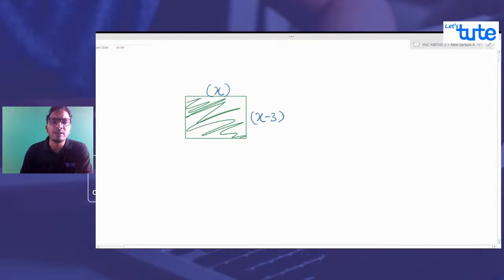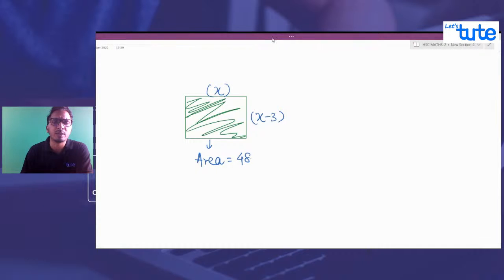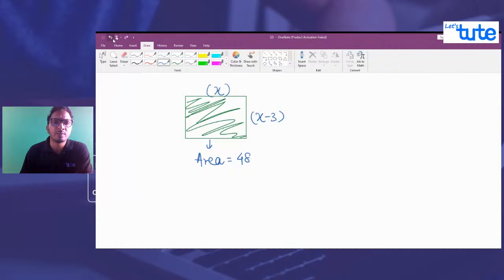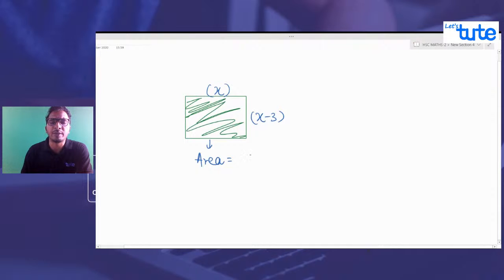Correct? And suppose we have the total area of this garden, say 48, or let me not take a weird number, let me take a simpler one. Say 4. Okay, say this is the area we have for the rectangle.